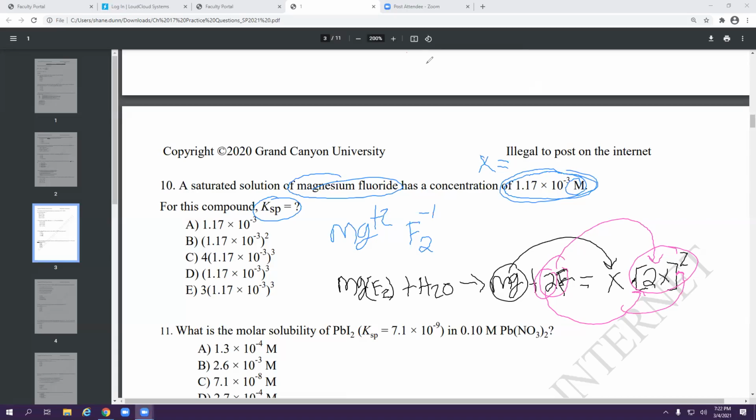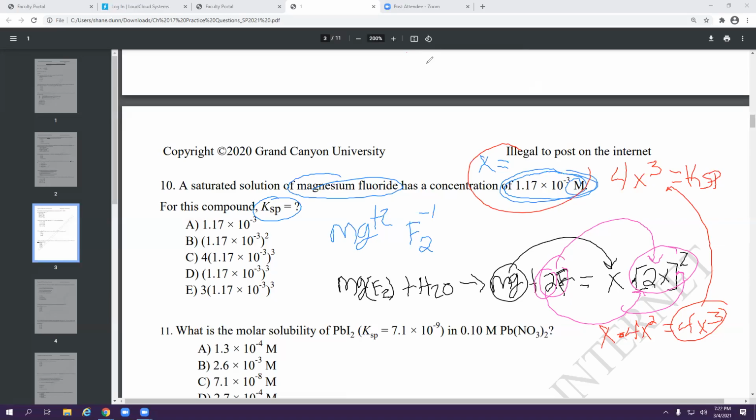So X times what is 2 squared? X times 4x squared is 4x cubed. 4x cubed is equal to Ksp.